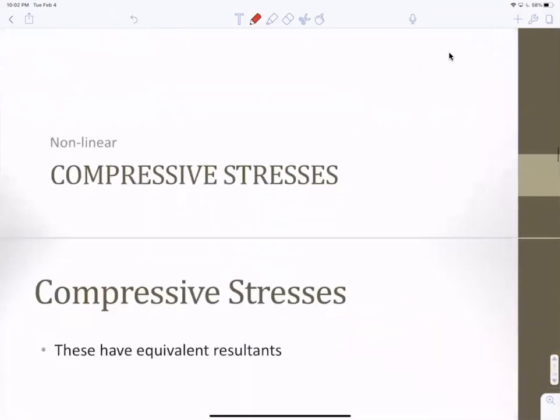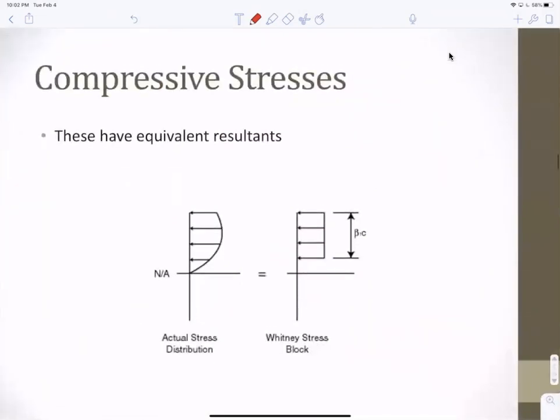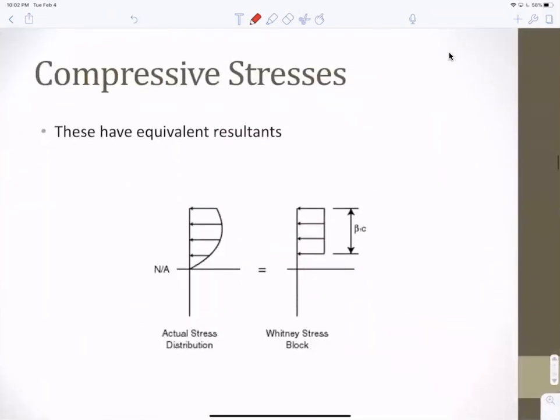Okay, how do we handle these weird concrete stresses that look kind of like a parabola? What we're going to do is replace the parabola with a rectangle.